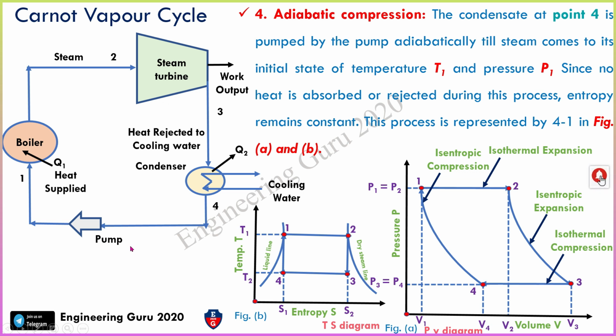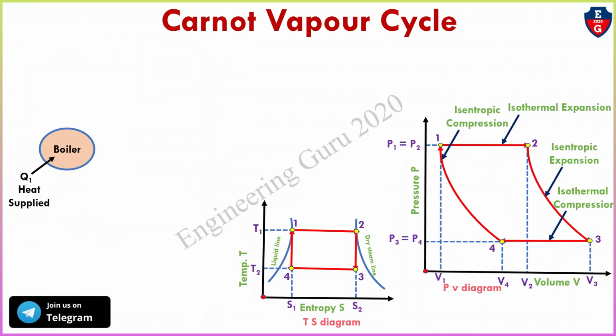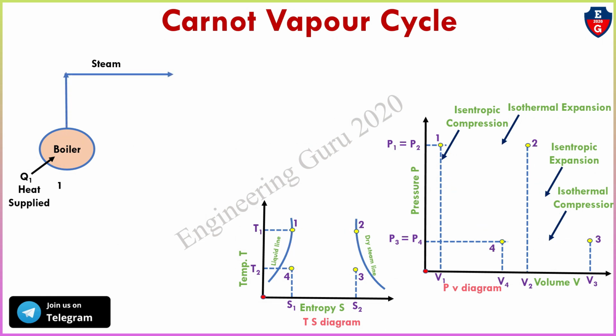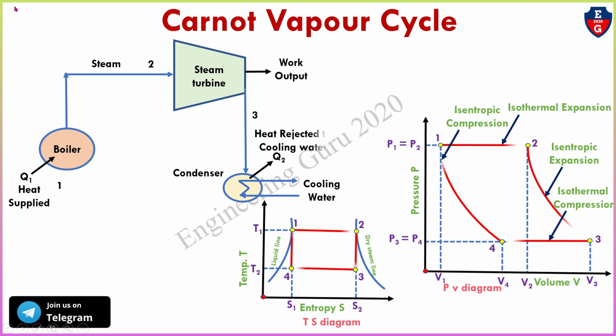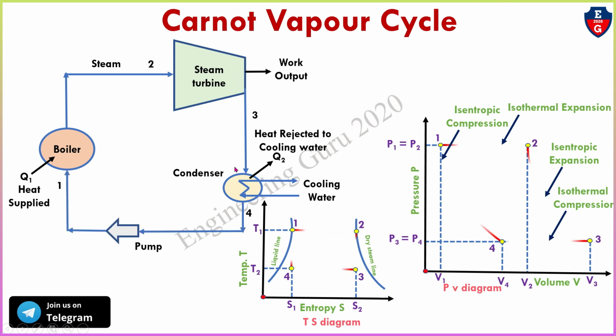So remember these things. The main components of the Carnot vapour cycle are boiler, steam turbine, condenser and pump. So this is the Carnot vapour cycle. Here we see the PV diagram and TS diagram of the Carnot vapour cycle. But remember, the most important thing is the main components: boiler Q1, steam turbine, condenser and pump.